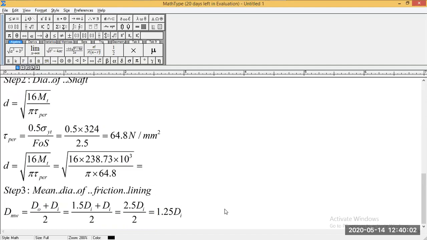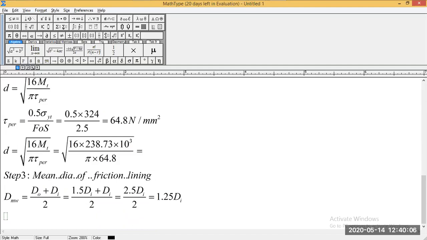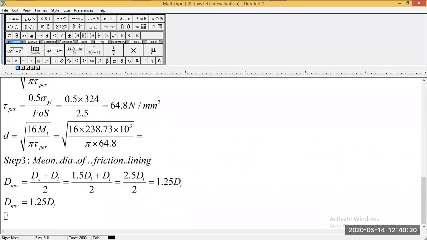So we'll keep this as it is. That means DMW, the mean diameter, is nothing but 1.25 times the inner diameter. Okay, so that's it for step 3. Let's move on.